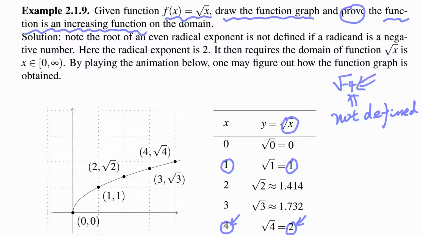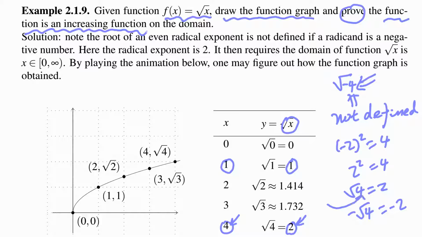Do you still remember the reason? It's because negative 2 squared is positive 4, and positive 2 squared is also positive 4. So radical 4 is 2, and the negative radical 4 is negative 2. There is no negative number you can really plug in here. That was the reason.